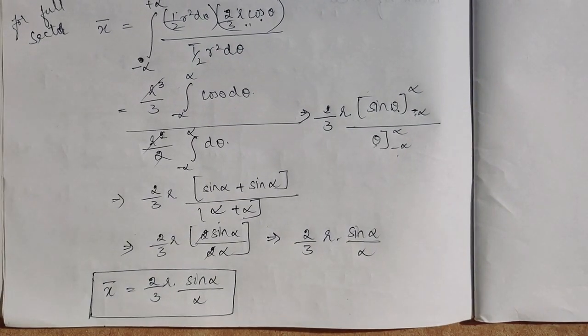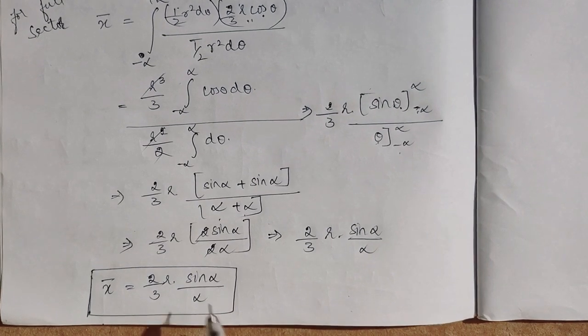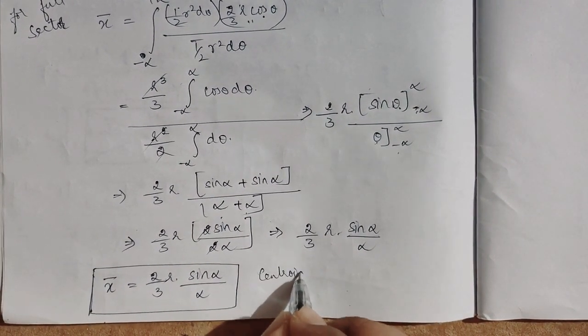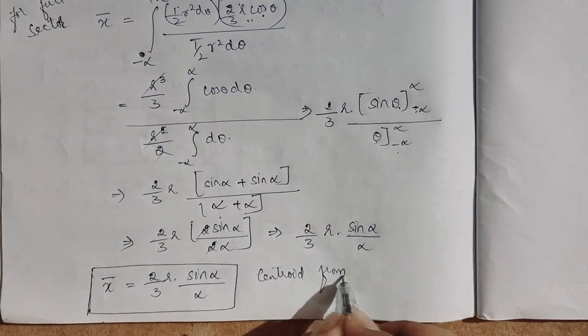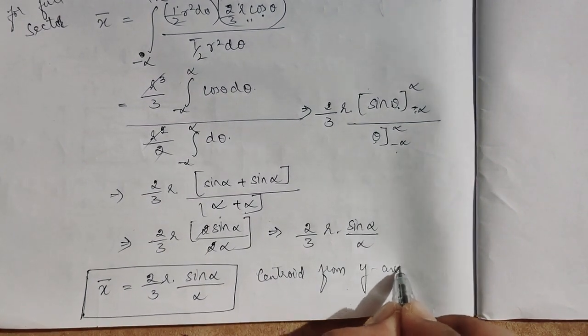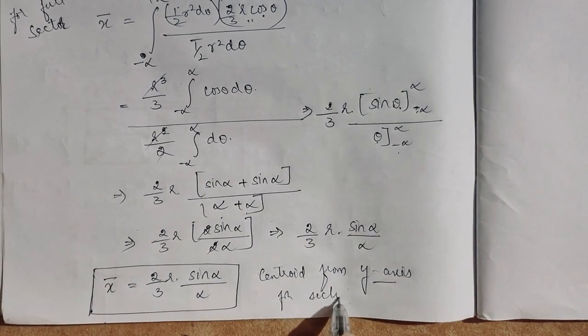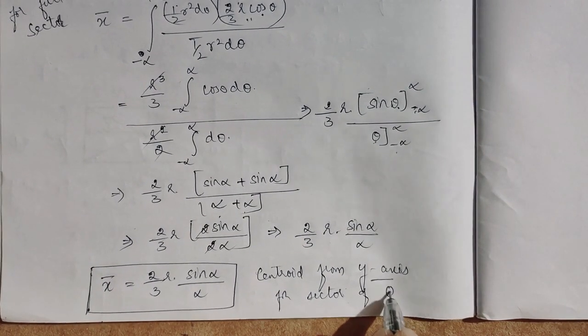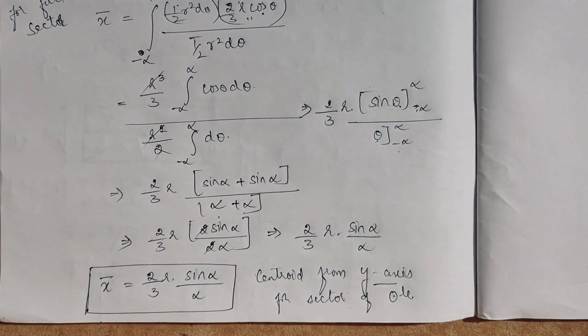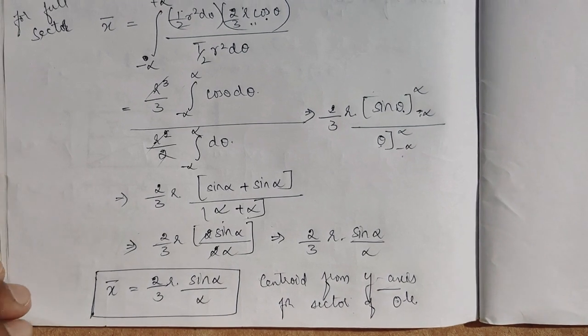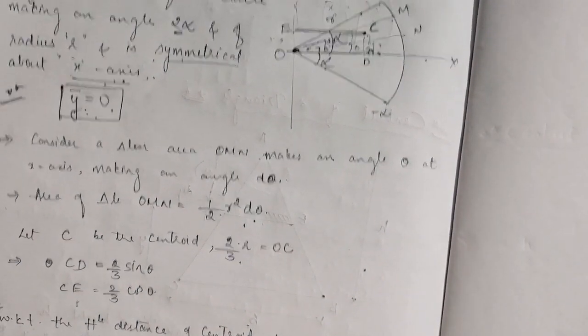Remember the value of x bar. This is the distance of the centroid from the y axis for the sector of a circle. So these were the three derivations: semicircle, quarter circle, and sector of a circle.